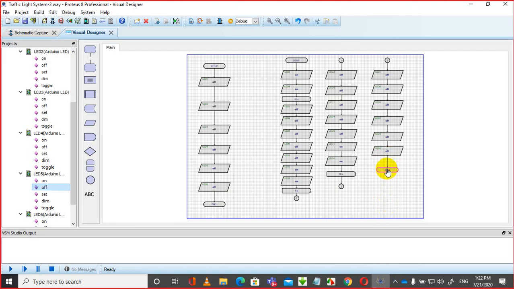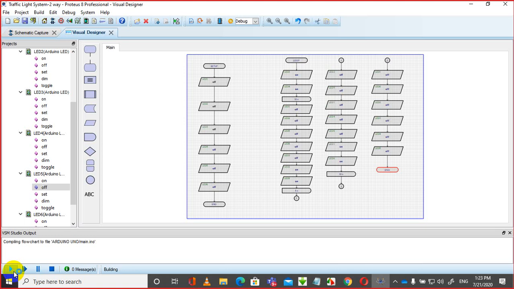That's your code. Now let's run the code. Let's save it. Okay, project is saved. Now let's run it. Hopefully it runs. Okay, let's see.